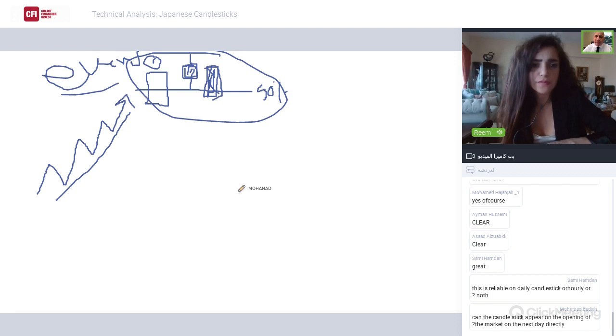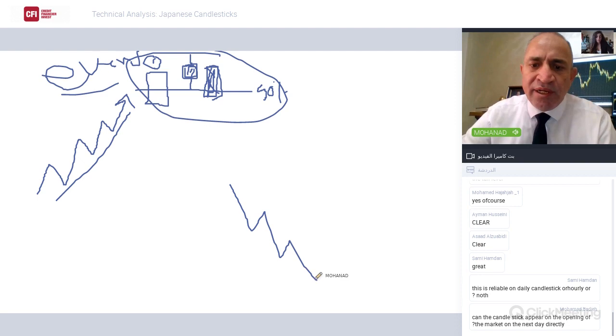The opposite is the morning star. It appears at the end of a downtrend. It is a combination of 3 candlesticks. The first one is a tall black candle, followed by a small real body candlestick, and end with a white candlestick.